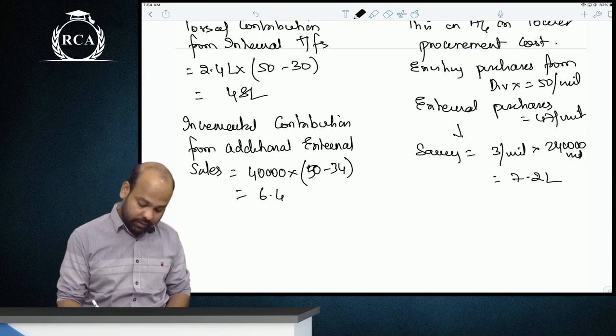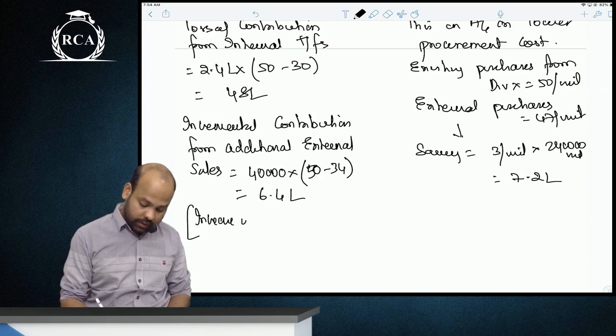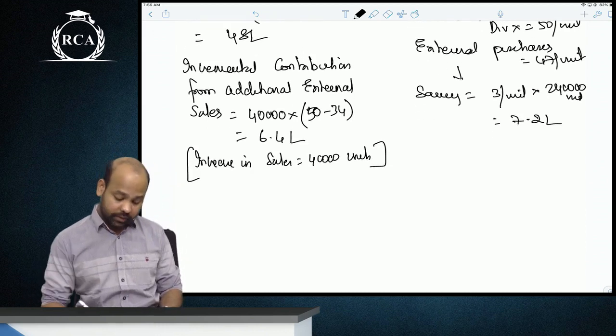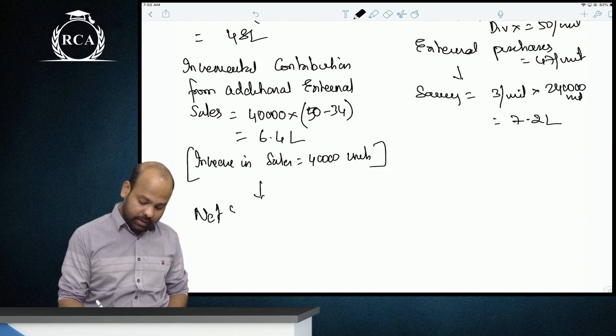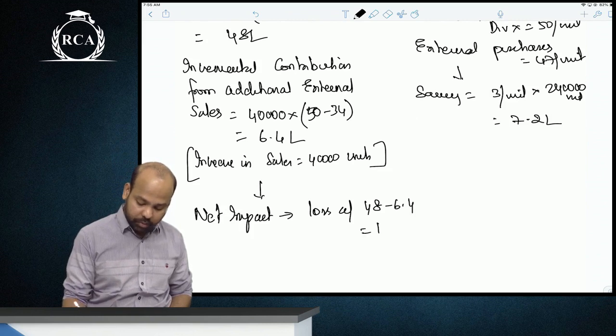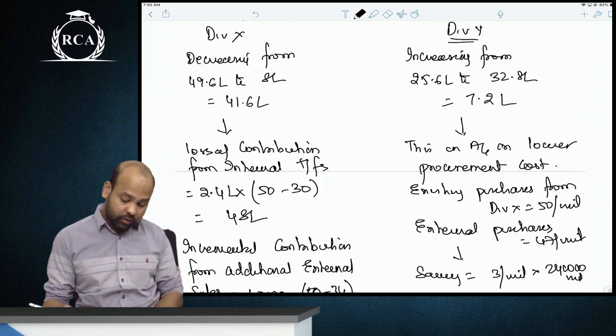So this is 6,40,000. Please do not forget that the increase in external sales is 40,000 units. Earlier you were selling only 2,60,000, but now you're selling 3 lakhs. So the net impact is a loss of 48 minus 6.4, which is 41.6 lakhs. This is what we got here.